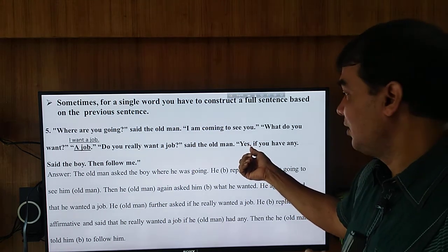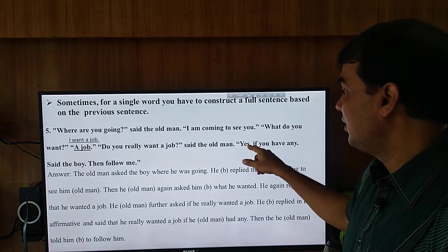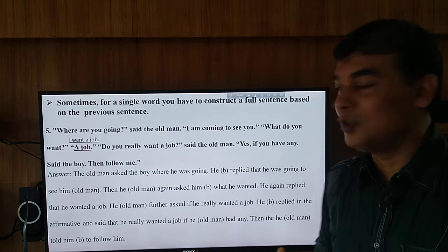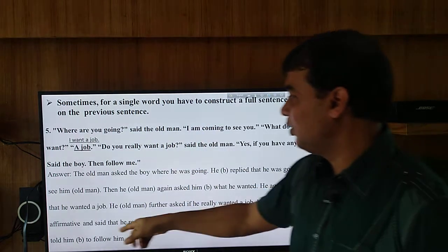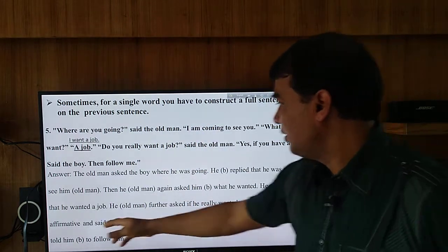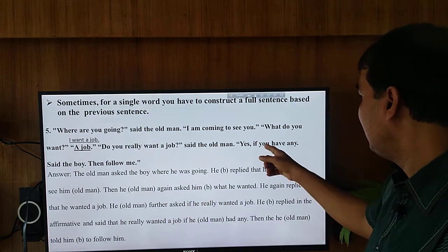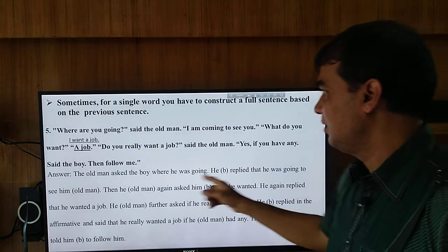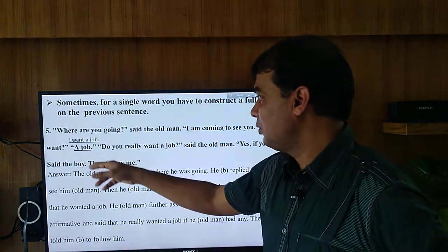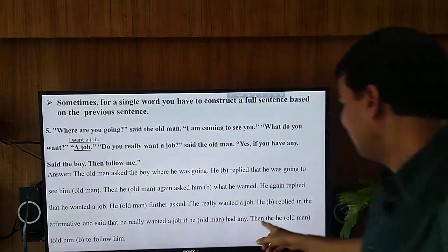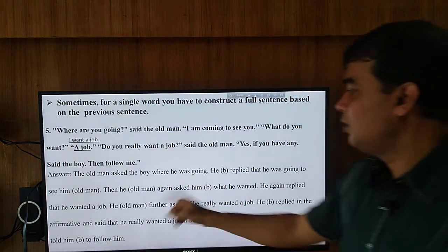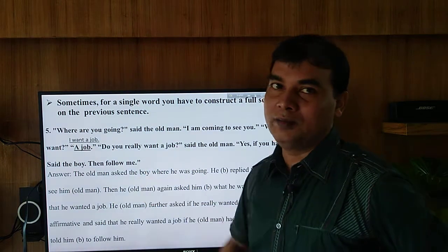Here one thing is important. Imagine, yes, I want a job if you have any. So the boy replied in the affirmative and said that he really wants a job if he had any. Then the old man said to the boy, then follow me. Then the old man told him to follow him.